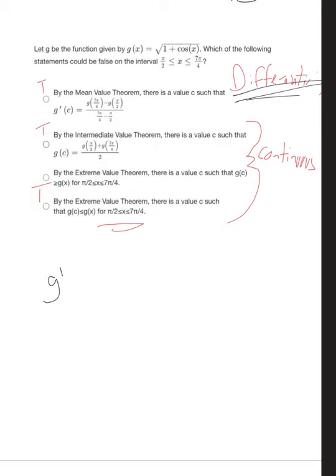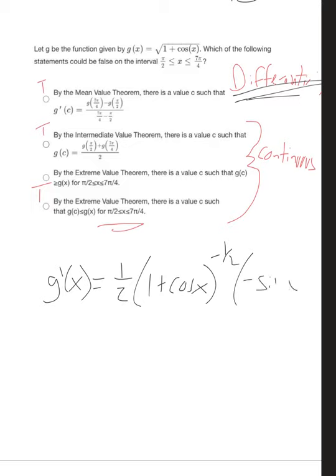You're going to get g prime equals 1/2 times 1 plus cosine of x, and if you need to write out the chain rule, please do that, to the negative 1/2 times the derivative of the inside, which is negative sine of x. And so as I think about that, that's really negative sine of x over 2 root 1 plus cosine of x.